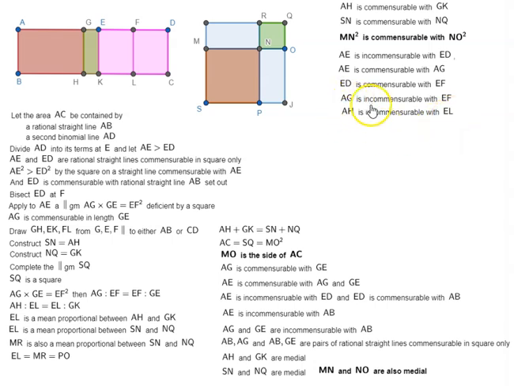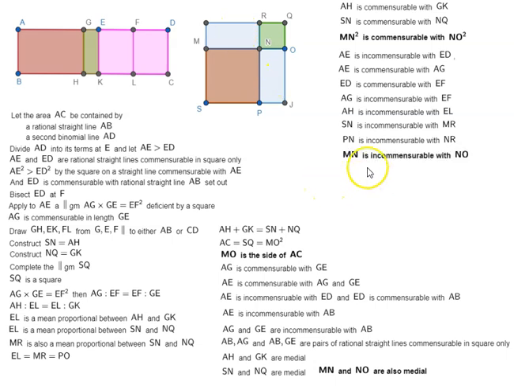because AH is the figure on AG, EL is a figure on EF, which means SN is incommensurable with MR because SN is the figure which is equal to AH and MR is the figure which is equal to EL, which means PN is incommensurable with NR as well because these two are equal.